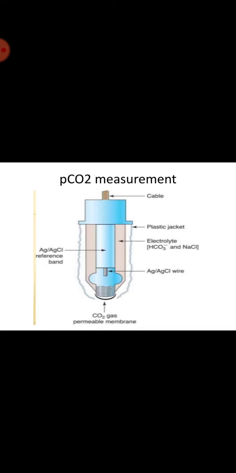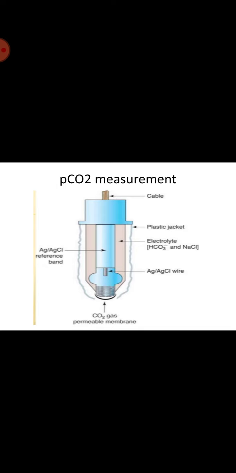So all modern blood gas analyzers use a PCO2 electrode, which is nothing but a modified pH electrode. There are only two major differences between this electrode and the pH electrode. The first difference is that in this electrode, the blood sample comes in contact with a CO2 permeable membrane such as Teflon or silicone rubber rather than a pH sensitive glass as in the pH electrode.